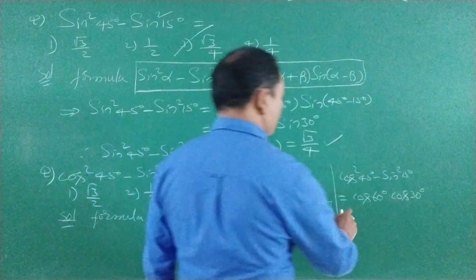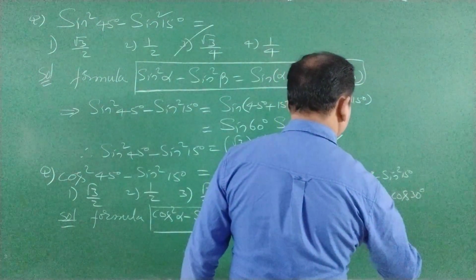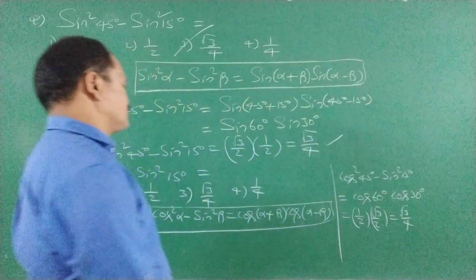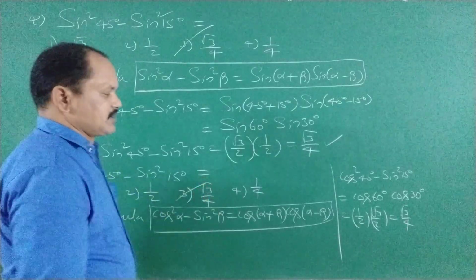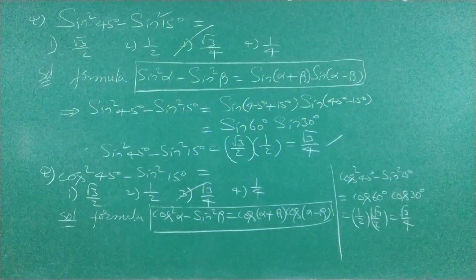Cos 60 is 1 by 2, cos 30 is root 3 by 2. That's why it is root 3 by 4. That is the third option. The same option will be there. That's all. Okay, now next.